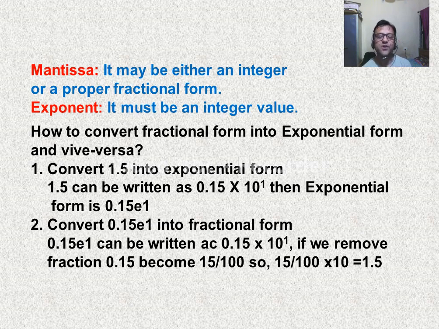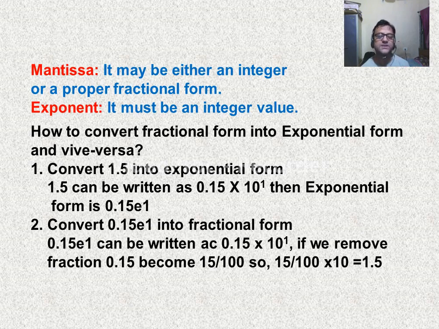Then exponential form is very easy to write, because into 10 to the power 1 in exponential form is represented by e1 or e01, and the mantissa, the part given before the into symbol, remains as it is. So the exponential form representation of the given number is 0.15e1.